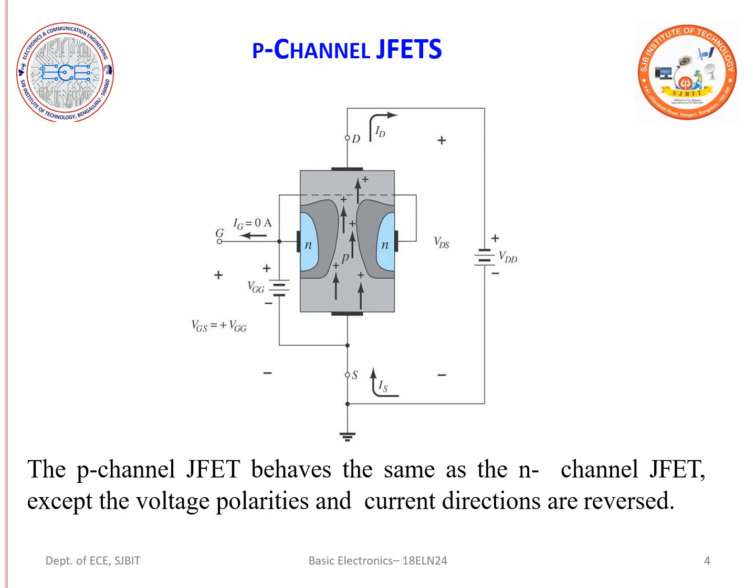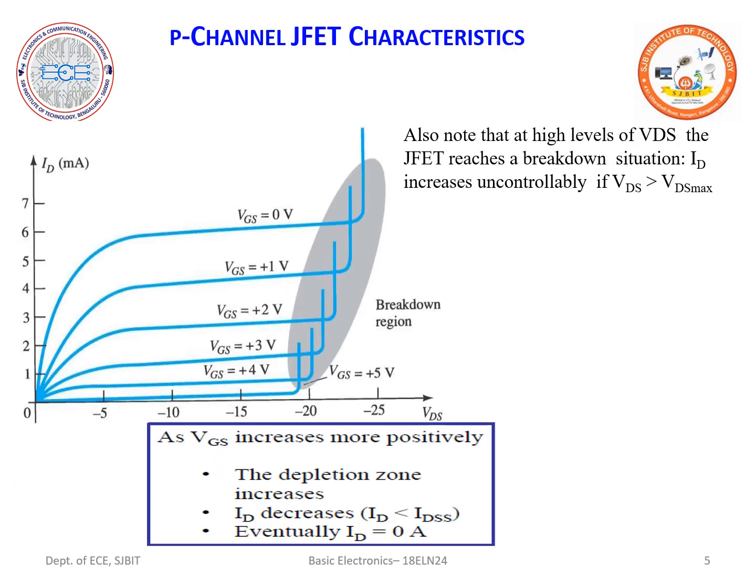But here, since it is a P-channel JFET, VGS is not negative, it is greater than 0, that is, a positive voltage.